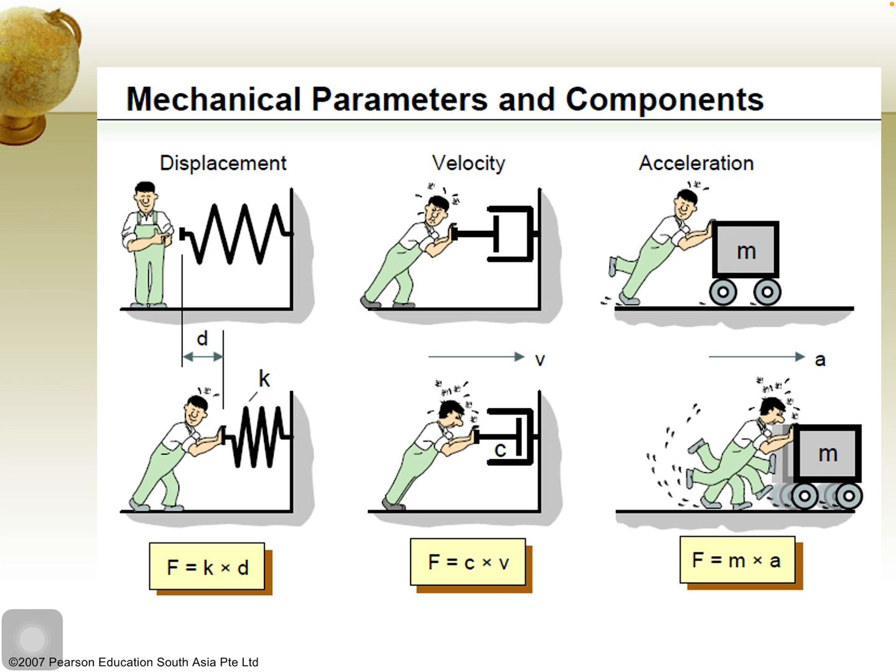Alright, so we go to the next one, which is the mass. Now we consider the acceleration. When we push the mass, for example, we ignore the friction on the floor. We have wheels. So if we push it with a constant velocity, can you remember? If the velocity is constant, there is no acceleration, zero acceleration, there will be no force created.